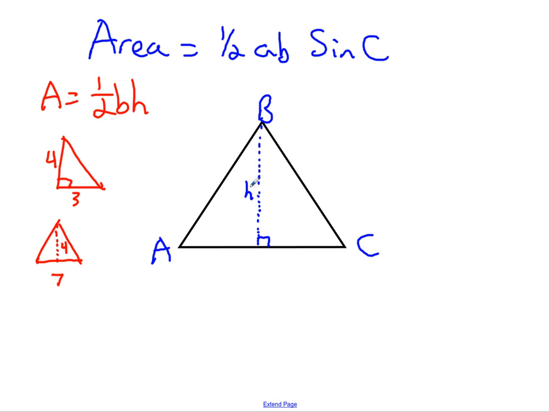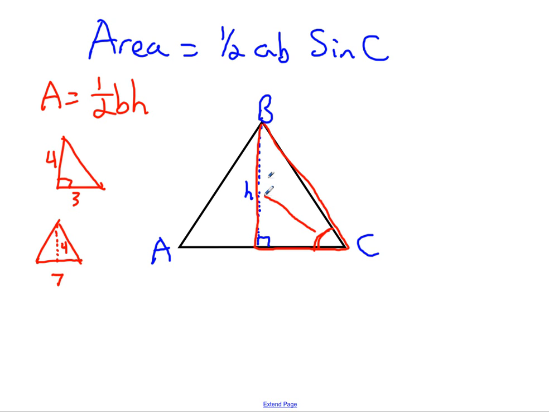But what happens if you are given a triangle like so, and you don't have the height? Well, the key to this is understanding that if we did know what this angle is here, the height forms a nice right triangle with this angle here.